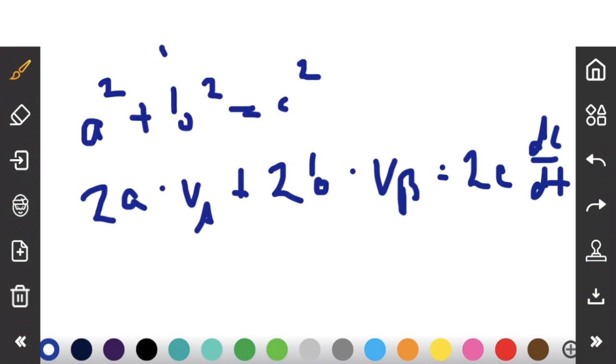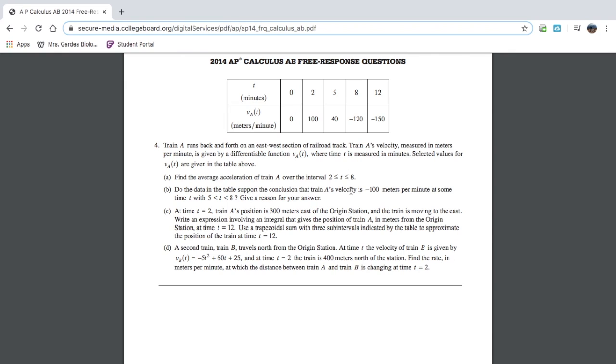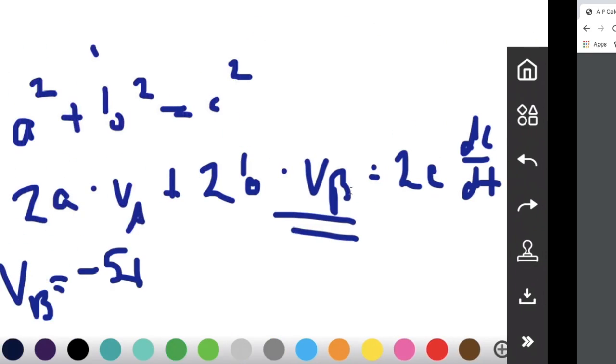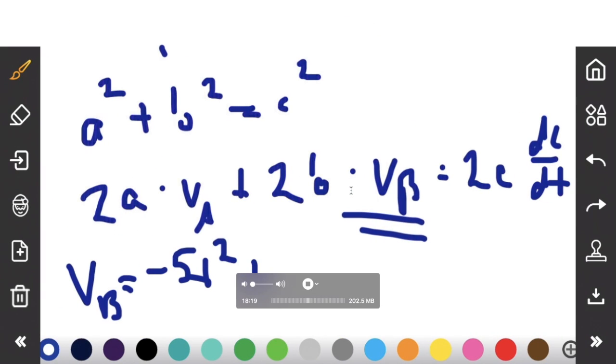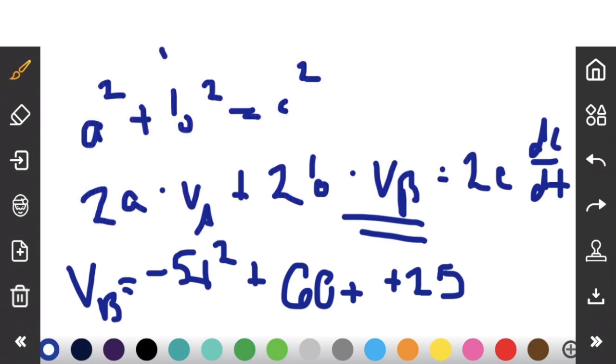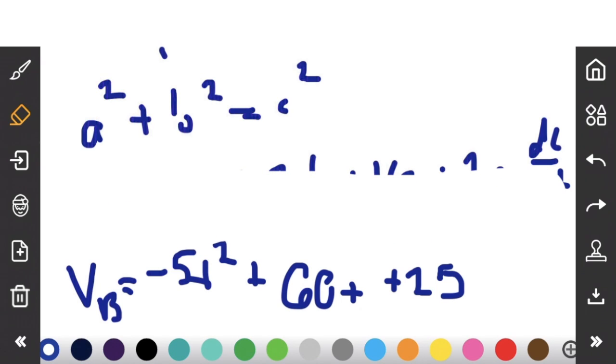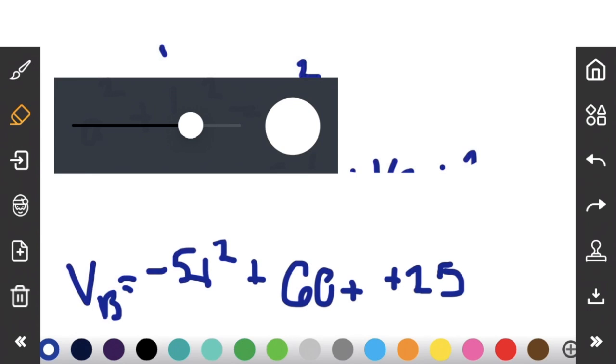And they gave us VB. VB equals negative 5t squared plus 60t plus 25. And so we just have to substitute for the time and solve for the velocity.